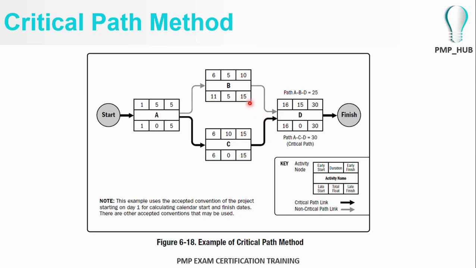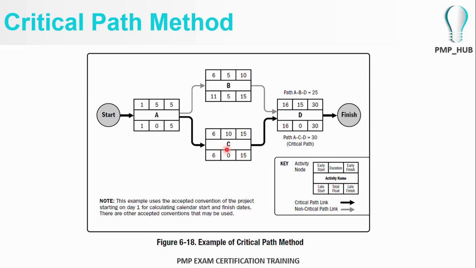Same goes here. For activity B, the latest finish date will be the 15th, with 5 days for completion, so the latest start date for activity B will be day 11. If you take activity A, B and C depend on the output of activity A. The latest start date of activity B is day 11, and the latest start date for activity C is day 6.